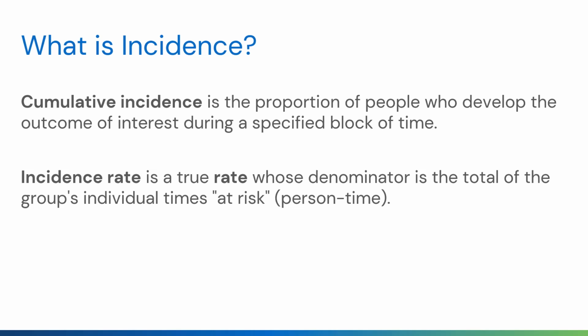Incidence rate is a true rate, whose denominator is the total of the group's individual at-risk person time. So it's important to understand that we have to have the exact right denominator. We have to really think about who should belong in that denominator. That calculation needs to be correct.